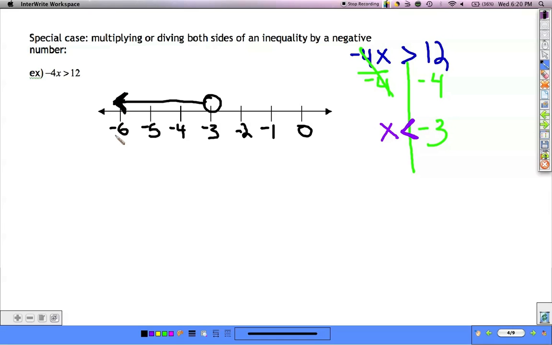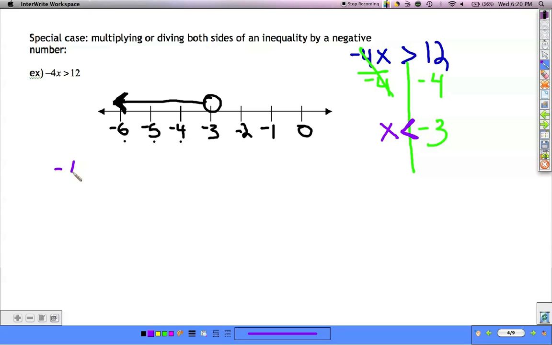negative 3. Now, to prove it to ourselves, we would have to go back and check one of our solutions, so either negative 6, negative 5, negative 4, or anything lower in our original inequality. So let's go with negative 6.